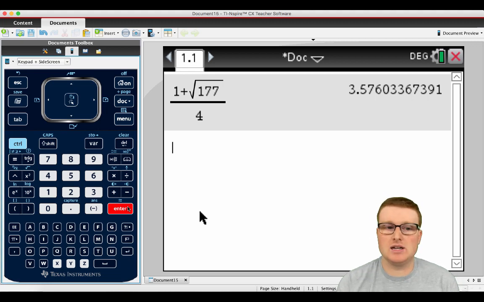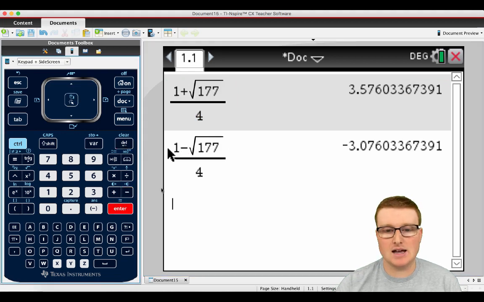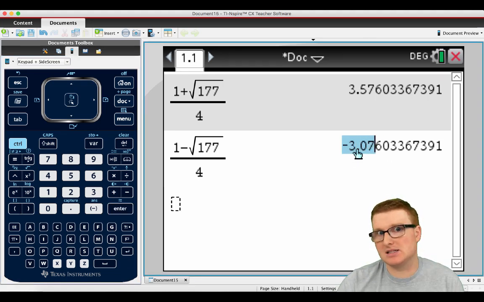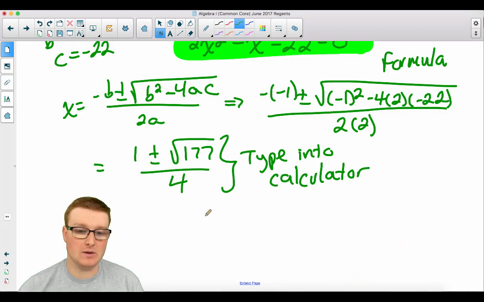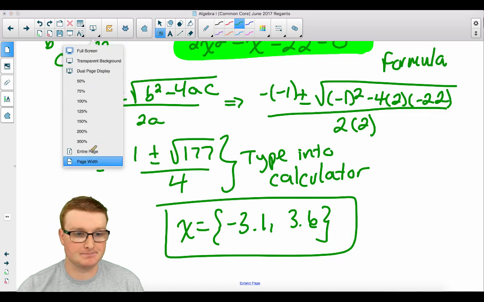It's plus minus. So you need to put a plus first. Then you need to go up and copy it again. And you need to put in a minus sign. So there are two answers. There's negative 3.1. You take that 7, you round it up because it's to the nearest tenth. And you get 3.6. Okay, so we get x is equal to, swirly bracket, negative 3.1, comma, 3.6. Those are your answers. That's your solution to the system.